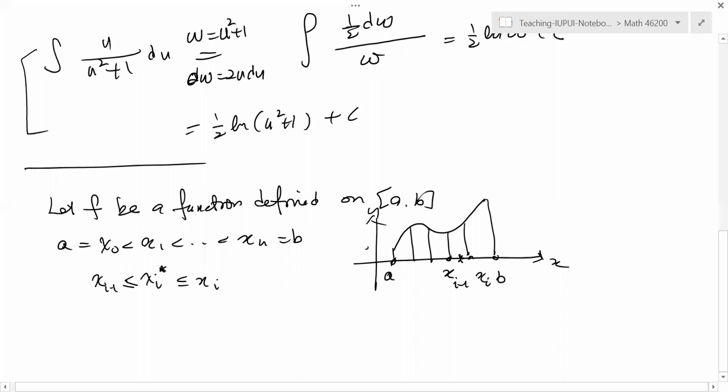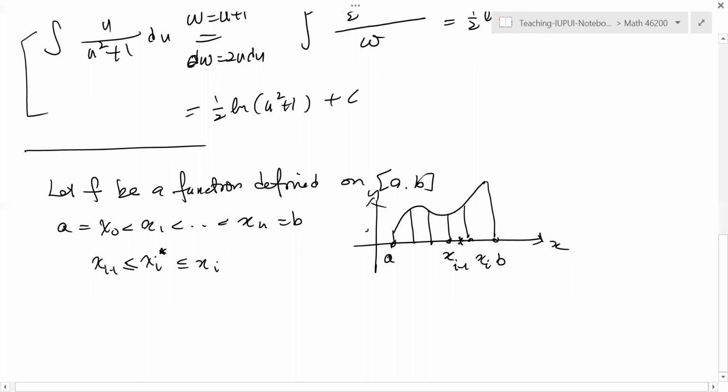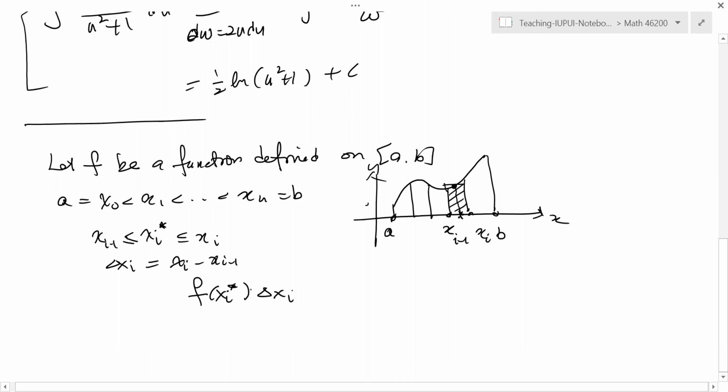Then you look at the height at this point. Then you consider the area of this rectangle. The area of this rectangle is going to be f of x_i star times delta x_i. Delta x_i is the size of this interval, so delta x_i is x_i minus x_{i-1}.